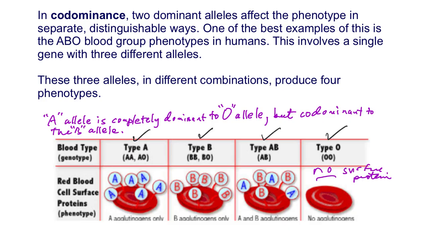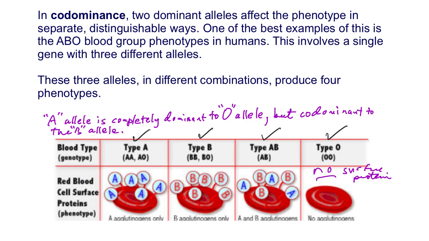So if you're type A, you have A proteins only. We say the A allele forms the A proteins on the red blood cells of type A blood.